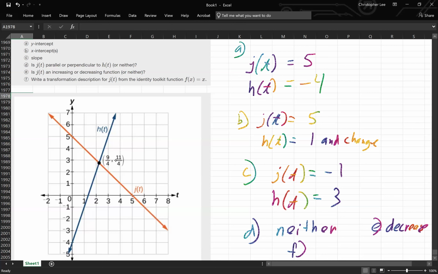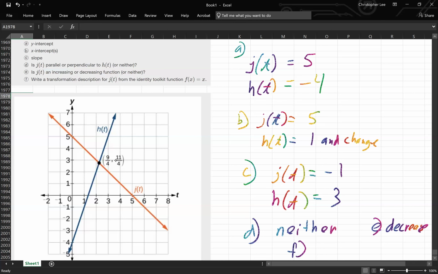Then we're shifting it over. How did we shift? It looks like left and up. We went up 5 and we went to the right 5, because that's where our intercepts are. If we're going to the right, that means we're subtracting 5.